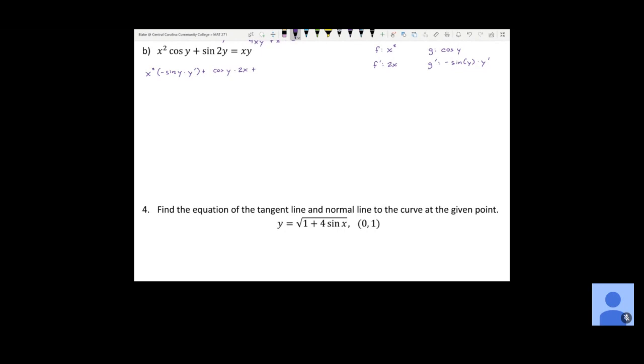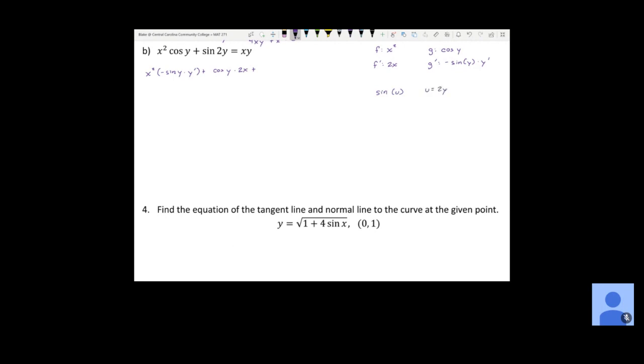Now we need the derivative of sine of 2y. How are we going to find the derivative of sine of 2y? It's a chain rule. Good. So the inside here is going to be 2y. So if you want to write that out, this is going to become sine of u, where u is equal to 2y.